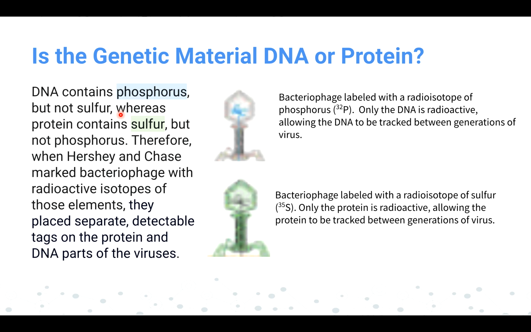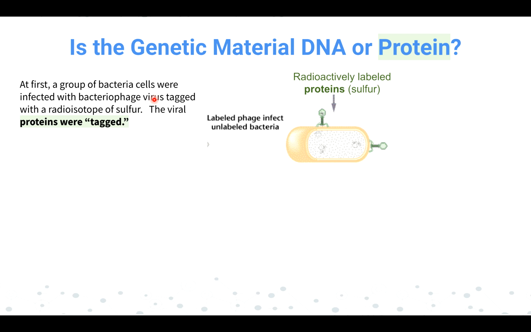DNA contains phosphorus, so they used radioactive phosphorus to tag the DNA, and sulfur is found in protein, so they tagged the protein also in the bacteriophage. The DNA of the bacteriophage was labeled with phosphorus-32, which is radioactive, and in another set, they labeled the sulfur of the protein with S-35, which is radioactive.